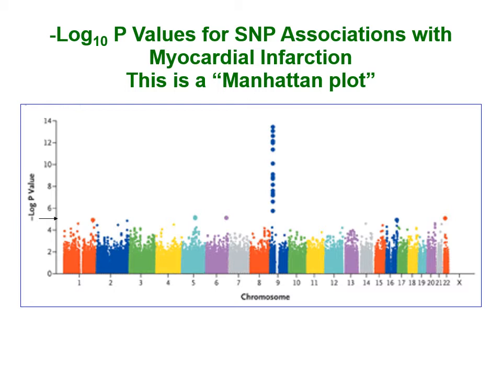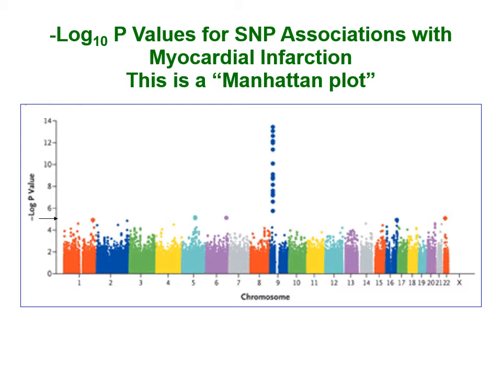So what we're showing here is the probability of association of all these millions of SNPs with early heart attack or coronary artery disease. And you can see that most of those points lie very close to the 0 on the axis, which is to say that the probability of the association of those SNPs with the disease is very low. But here you get to chromosome 9, the p arm.